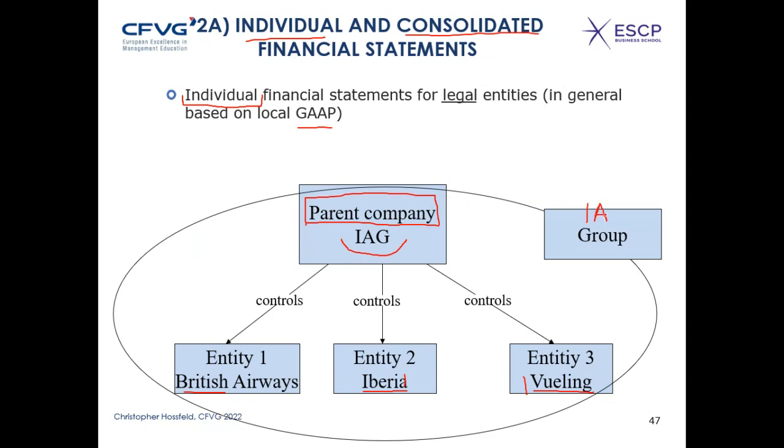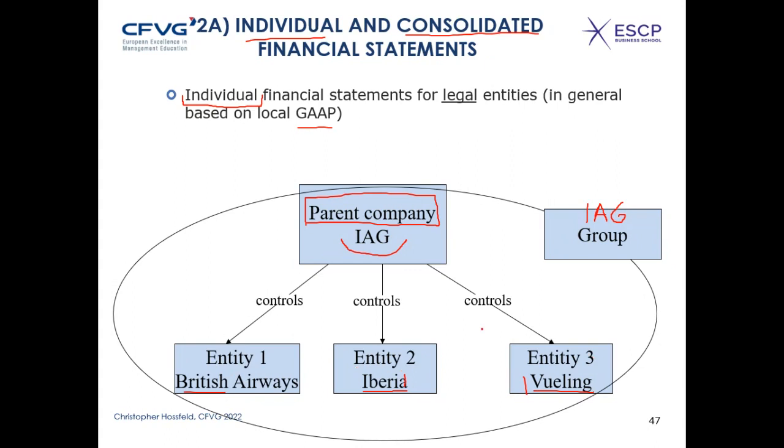Okay, and the same way we have the Air France group, we have the Apple group, we have the Google group, or Alphabet, I should say. We have the BMW group, and so on. That means here we are in a form of business combination with stock acquisition, because IAG purchased the stock of British Airways, Iberia, and Vueling.